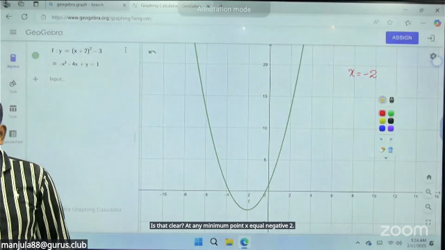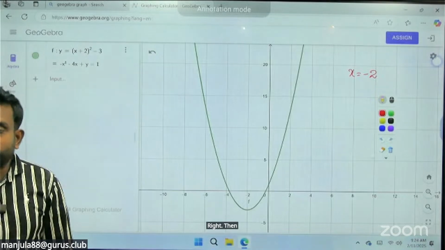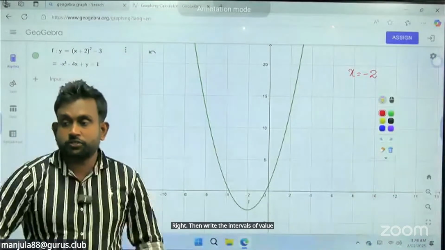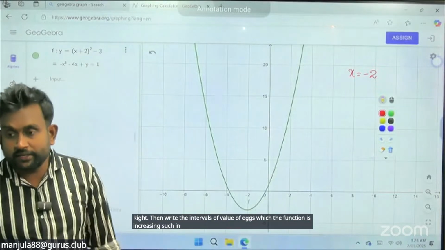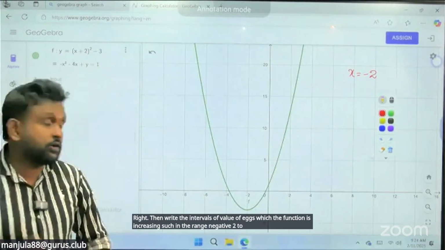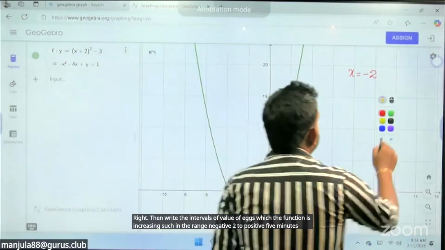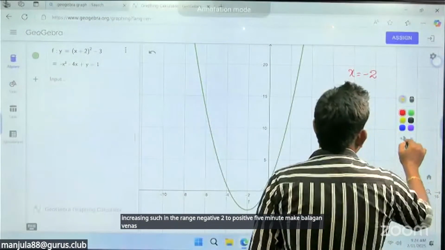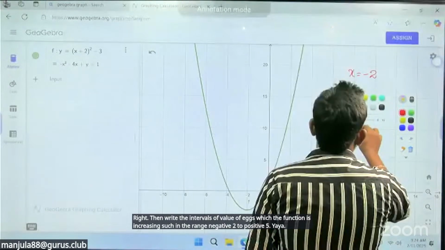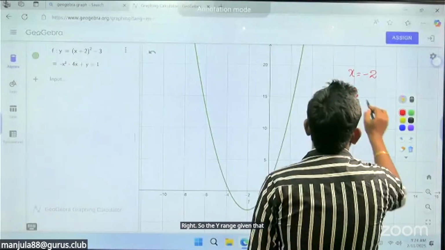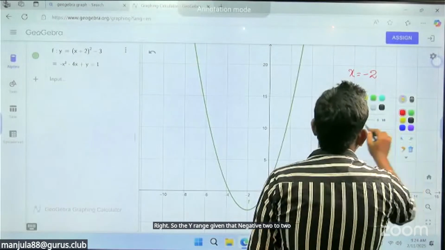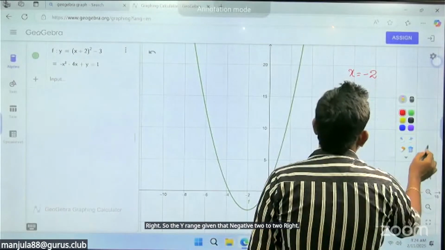Right. Then write the intervals of values of x for which the function is increasing, such that the y range is -2 to +5. Look at this, it is a completely different question set. Right, so the y range is given, -2 to +5.